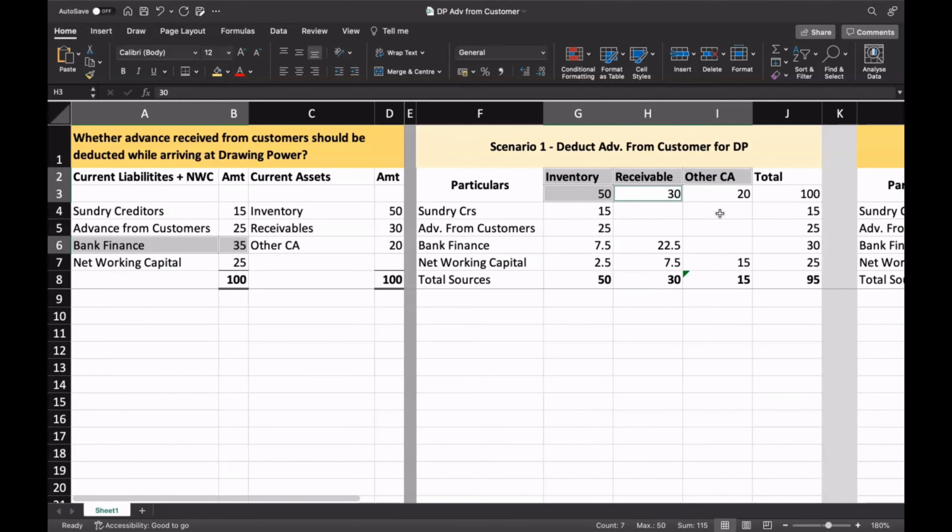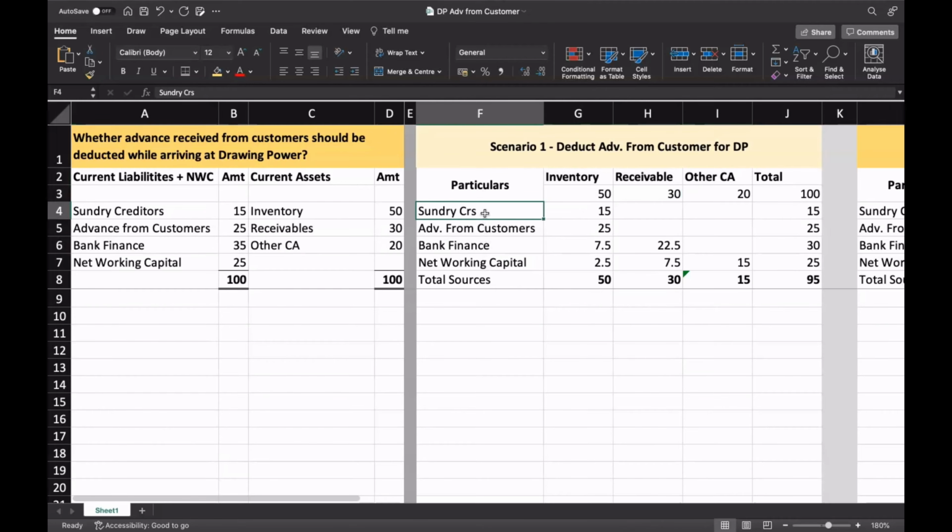Now what we'll do is we will first distribute the available sources. There is sundry creditors. This sundry creditors of 15 basically comes in to support this inventory of 50. So 50, of which 15 is funded by sundry creditors.